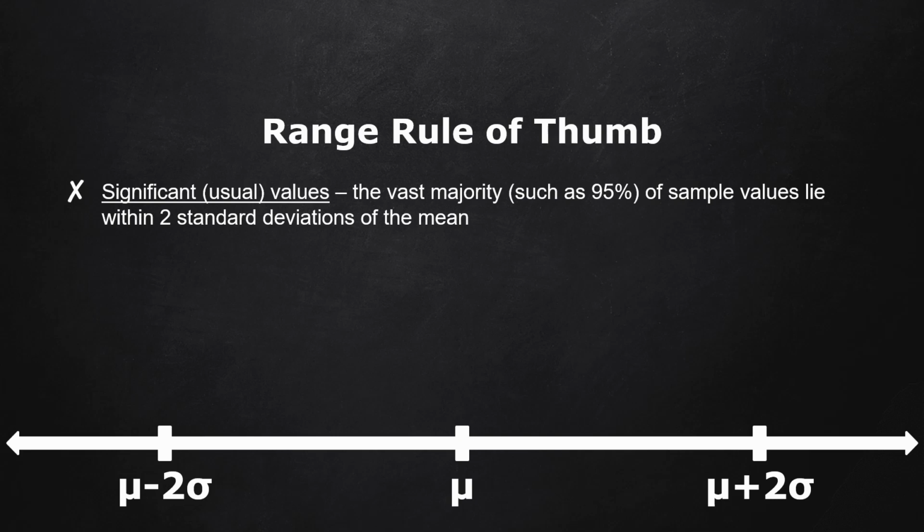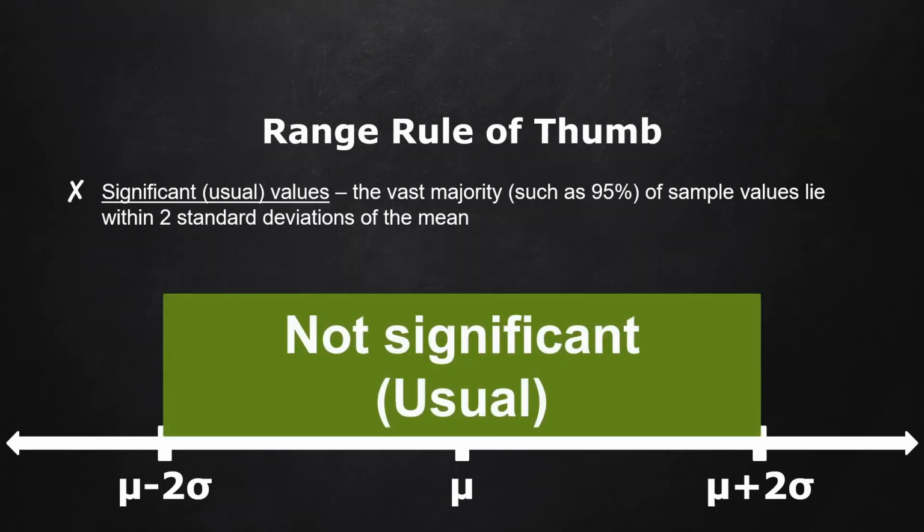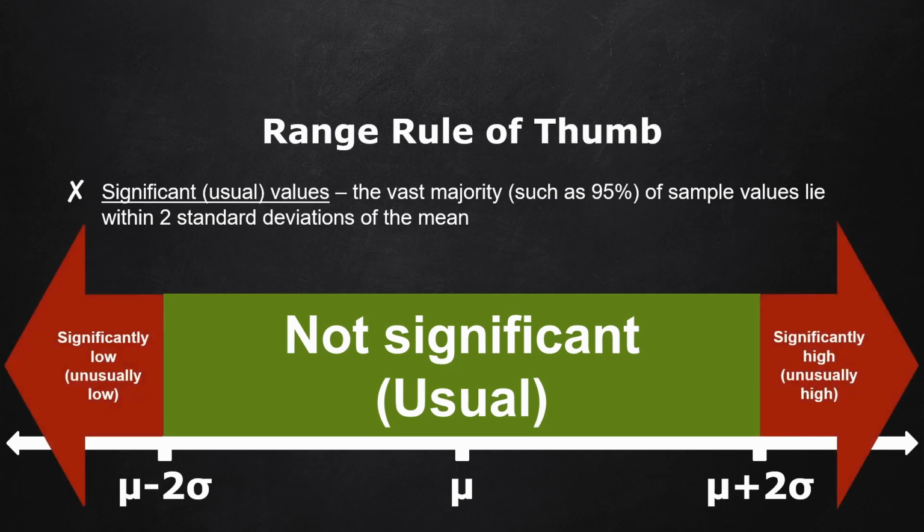If we add 2 standard deviations to the mean and subtract 2 standard deviations from the mean, all this in the middle will be values that we consider not significant or usual. But anything lower or greater than this, we can call significantly low or significantly high, as well as unusually low or unusually high. So that's what this rule of thumb is telling us.